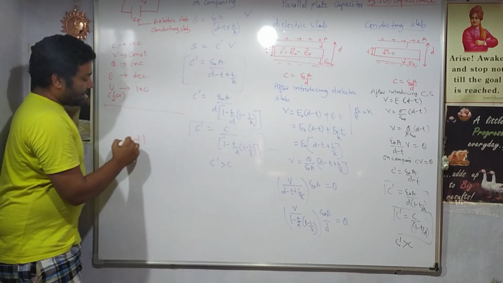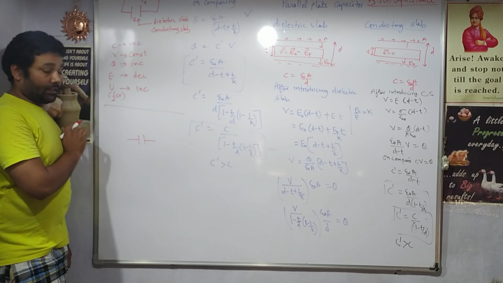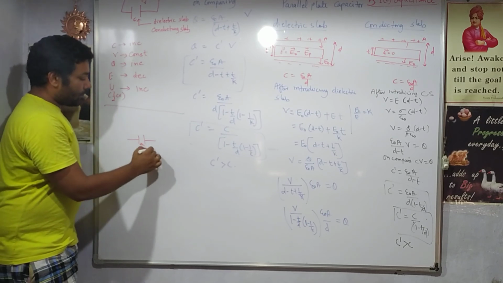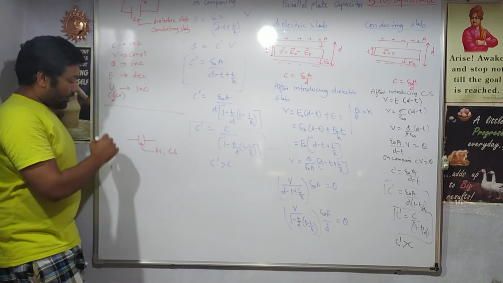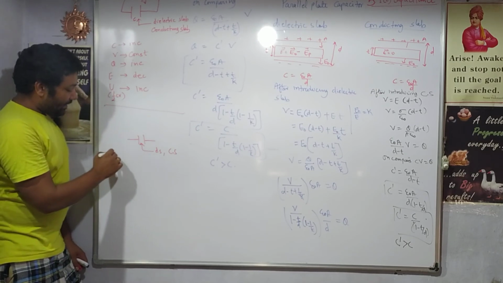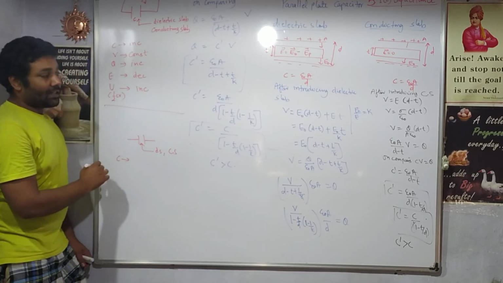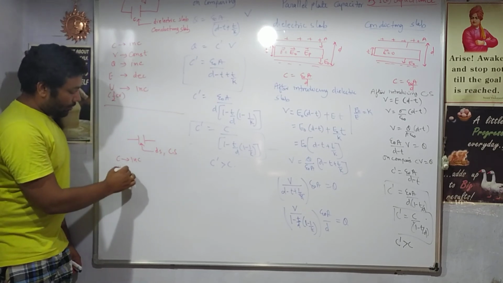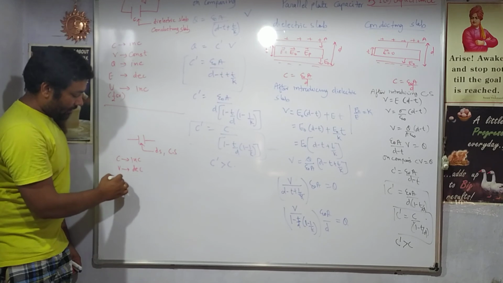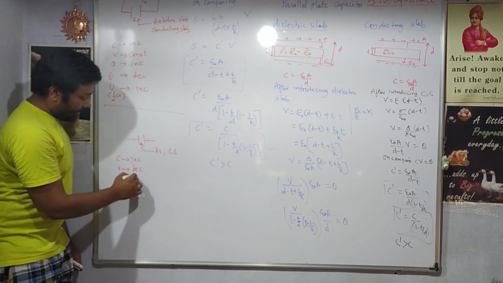If the capacitor is charged and no battery is connected, and now I introduce a dielectric slab or conducting slab, what happens? Since no battery is connected, what will happen to the capacitance? We know that by default capacitance will increase. Potential will decrease, electric field will also decrease.